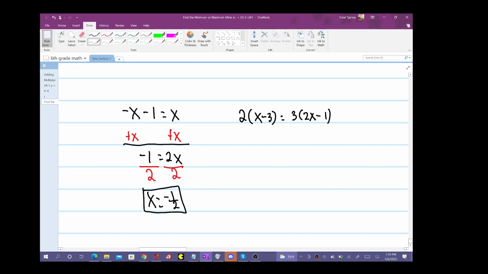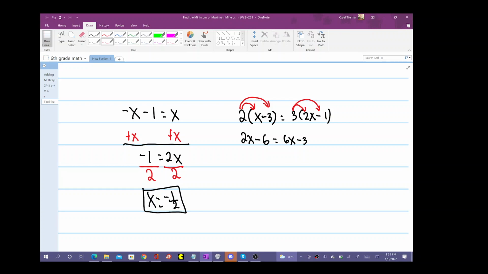So you're gonna go ahead and do 2 times x minus 2 times 3 equals 3 times 2x minus 3 times 1. So basically it's gonna be 2x minus 2 times 3, which is 6, equals 3 times 2x, which is 6x, minus 3, right?